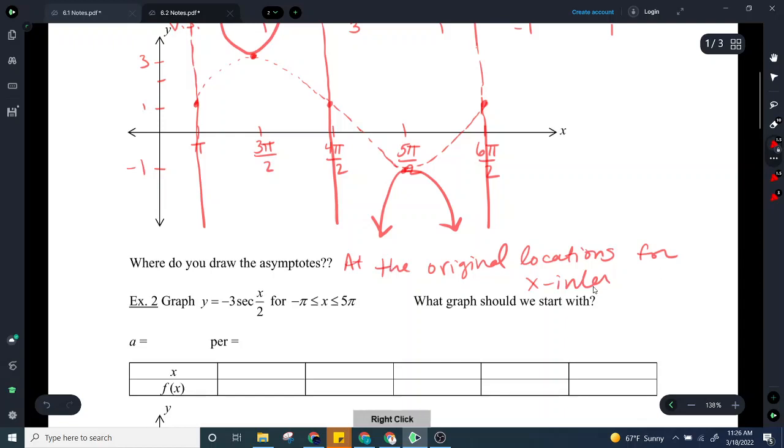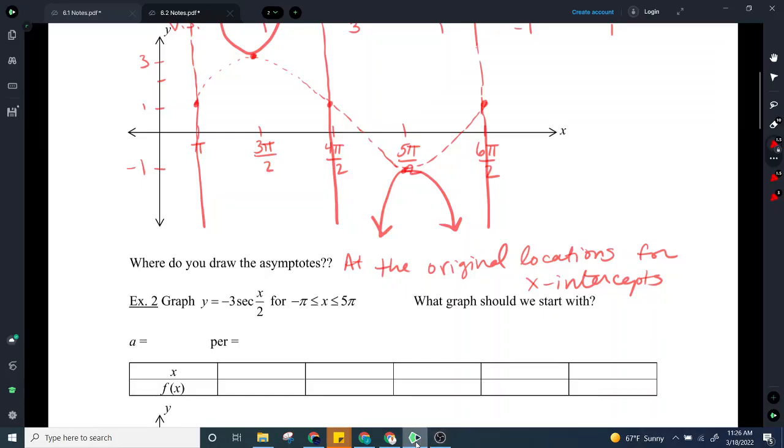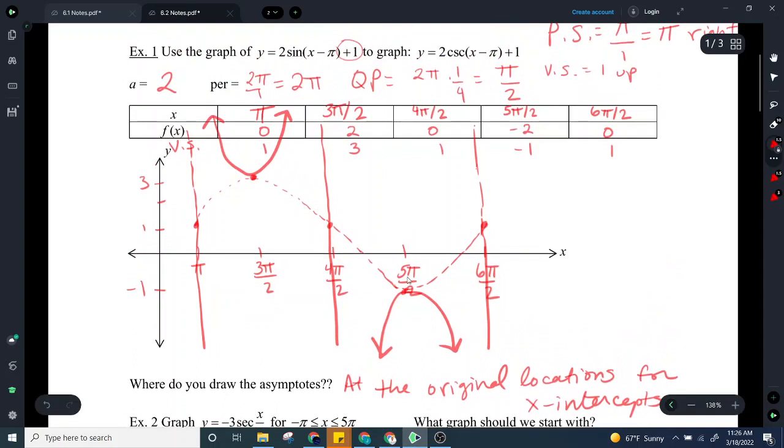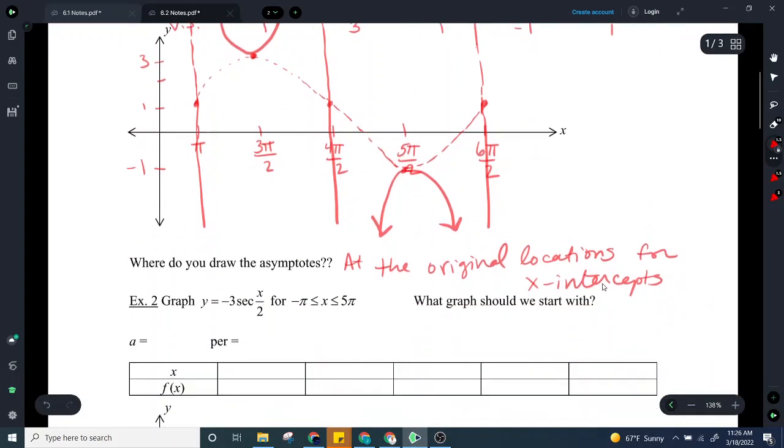All right. So wherever those original x-intercepts would have appeared, that's where we would have drawn the asymptotes. Notice it was at pi, 4 pi over 2, and 6 pi over 2. That's where our asymptotes would occur.